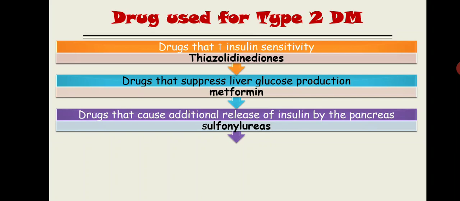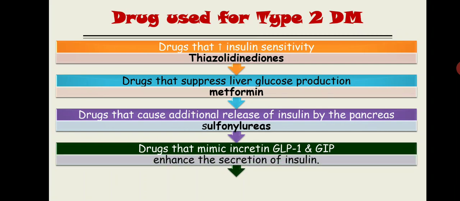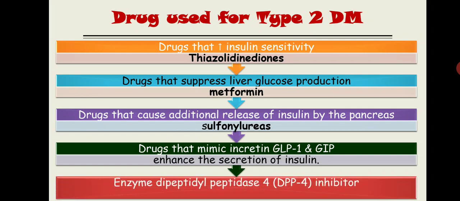Now there is a set of drugs that mimic the action of the incretins GLP-1 and GIP. That set of drugs will enhance the secretion of insulin. Now the last one is the newer drug, the enzyme dipeptidyl peptidase 4 inhibitor, or DPP4 inhibitor, also known as a DPP4 blocker. Now what does the DPP4 enzyme do?